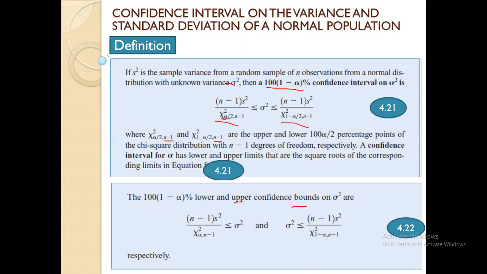If you consider only one side, upper bound only or lower bound only, we use chi square at alpha. As I talked to you already, normally in engineering or science, we use 95% confidence or 0.05 significance level. That means alpha equal to 0.05.